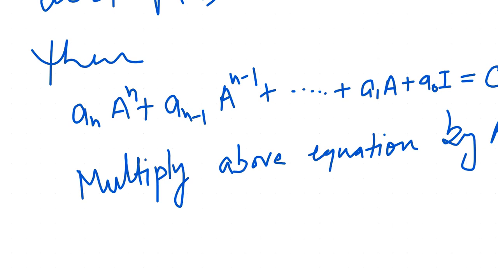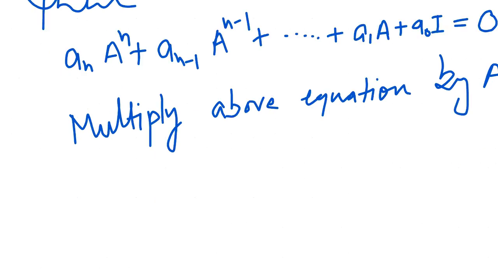So now let us multiply A inverse on both sides. When we multiply A inverse with this O, the 0 matrix, we will get O itself, because as you know, when we multiply any number with 0, we get 0. So it will be the same, and let us multiply with this on the left side.